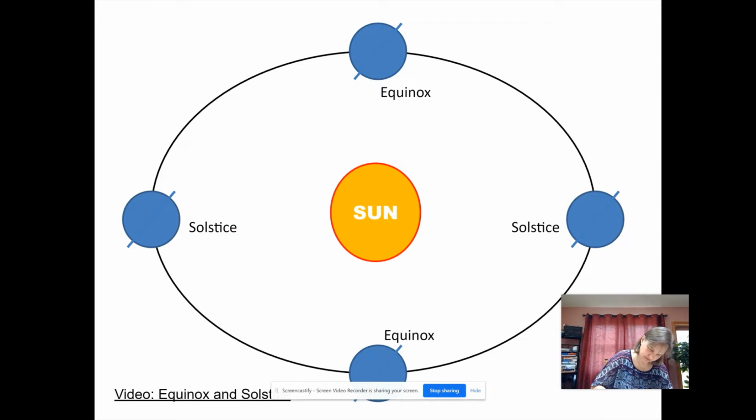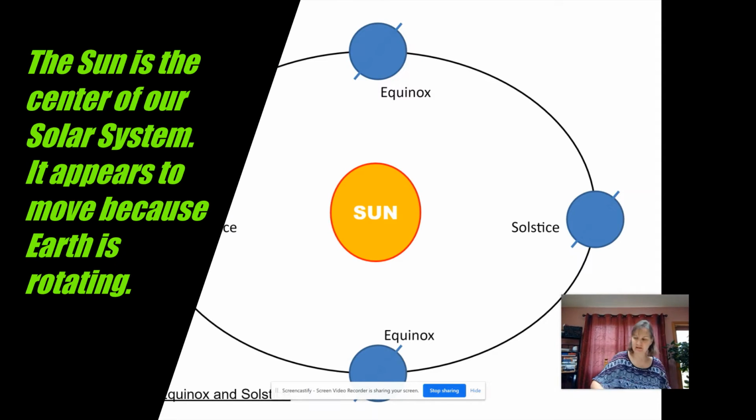I probably could have found a more yellow color, but I'm going to draw my sun in the middle. And there's some other information I want to add about my sun, and I'll have that pop up on the screen. So the sun is the center of our solar system.